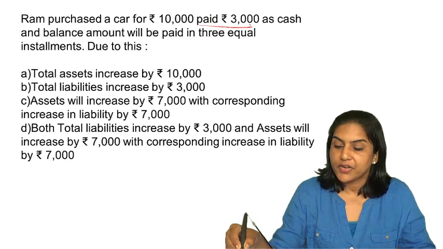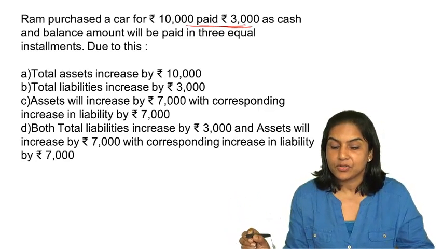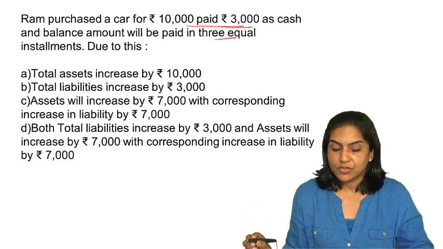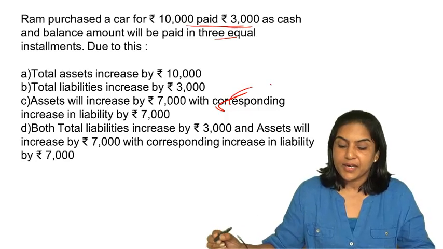So assets have actually increased by 7,000 and liabilities have increased by 7,000. C seems to be the correct answer.